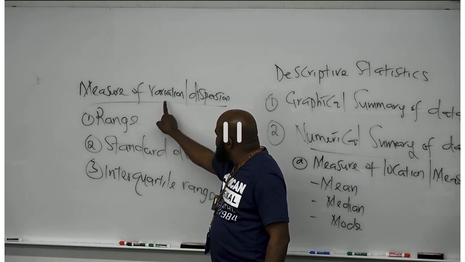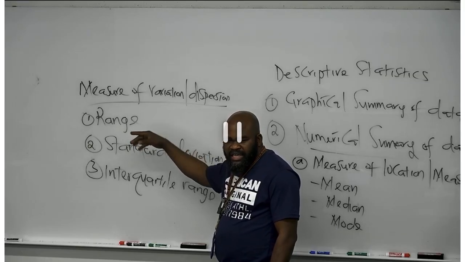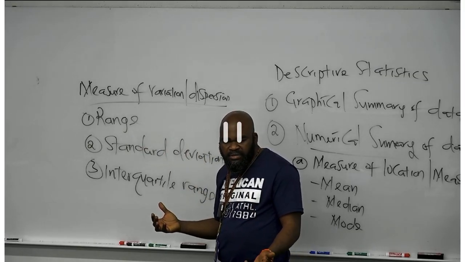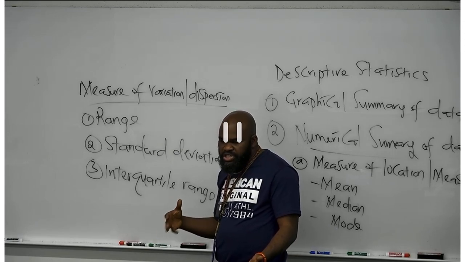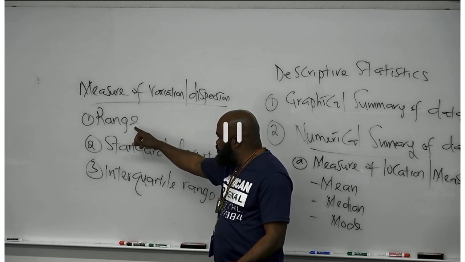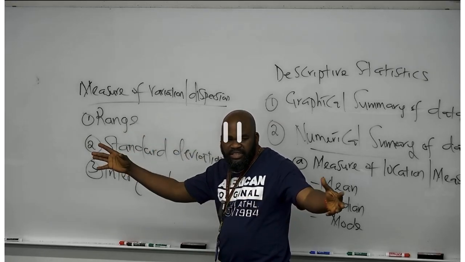Range as a measure of variation is the difference between the highest and the lowest. When the range is very high, we believe that the degree of disparity is high.